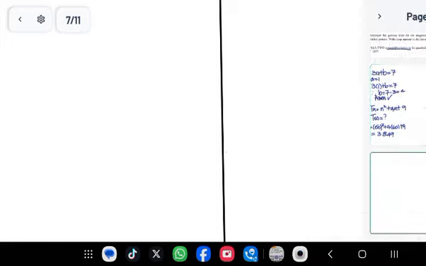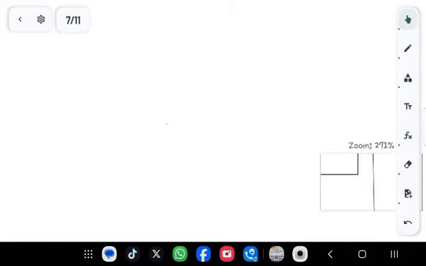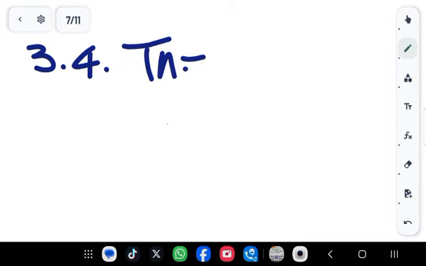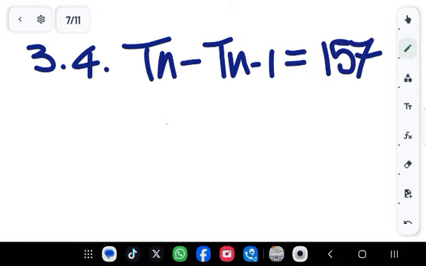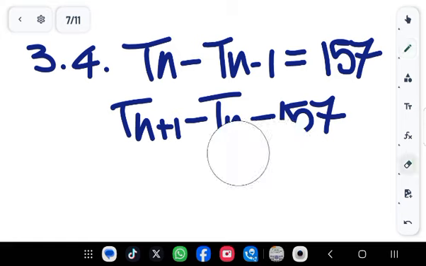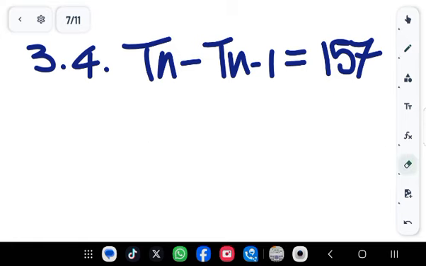Now let's answer that question, 3.4. We're looking for the terms whose difference gives us 157. You can use tn and tn minus 1, or you can use tn plus 1 minus tn. It gives you exactly the same answer as long as we're dealing with two consecutive terms.